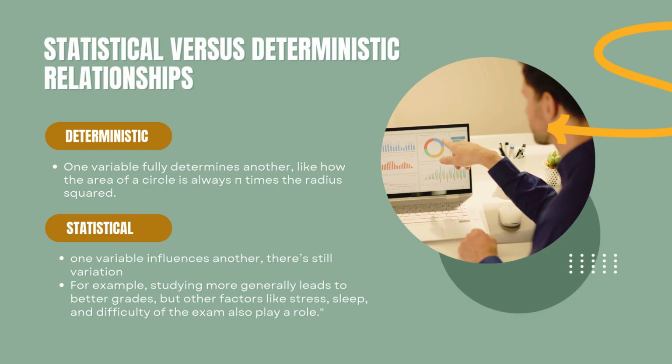The deterministic relationship means that one variable fully determines another, like how the area of a circle is always pi times the radius squared. No exceptions, but in real life, most relationships are statistical, meaning that while one variable influences another, there's still variation.